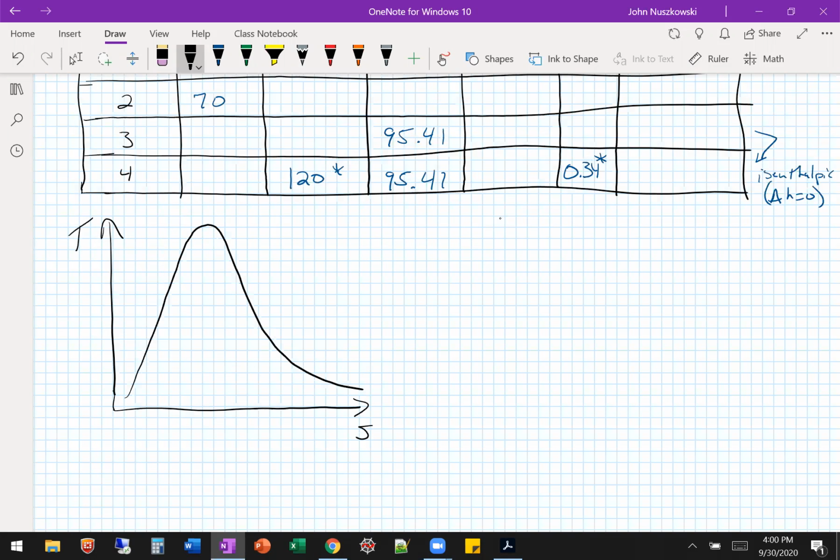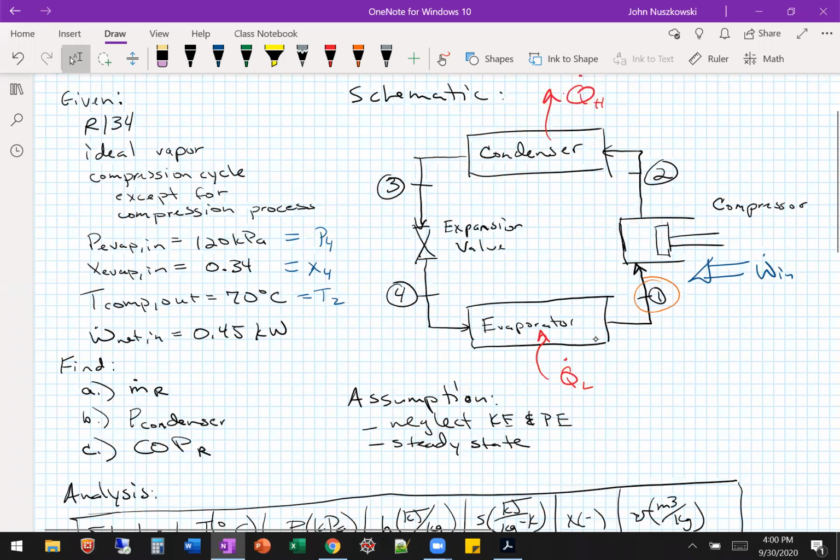All right, so we'll start at the inlet to the compressor, so state 1.